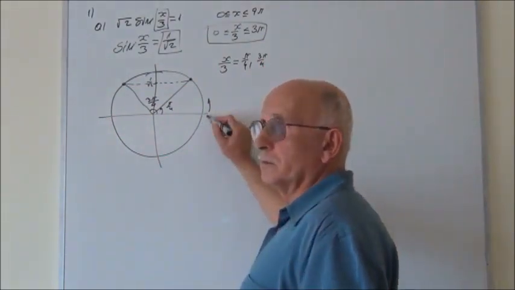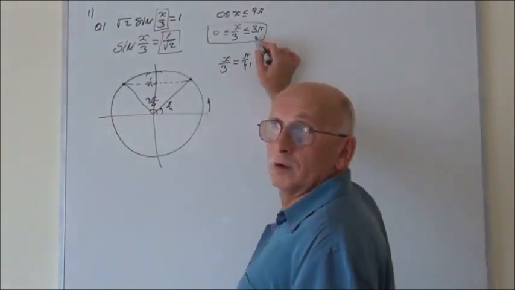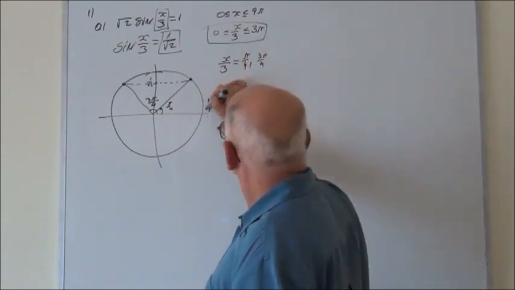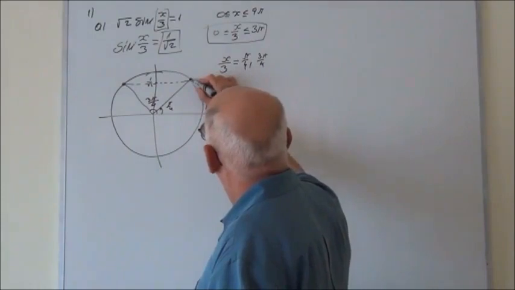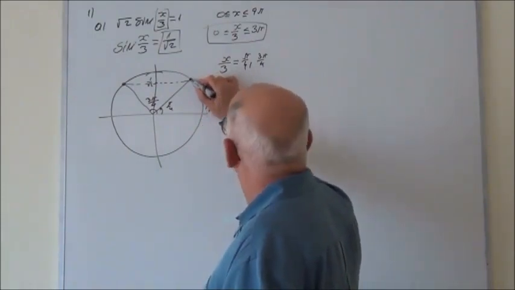We are up to 2 pi, but we need to go 1 pi more. So we are going again around the circle, and again we have this as a solution.